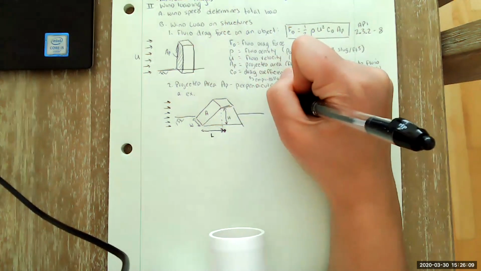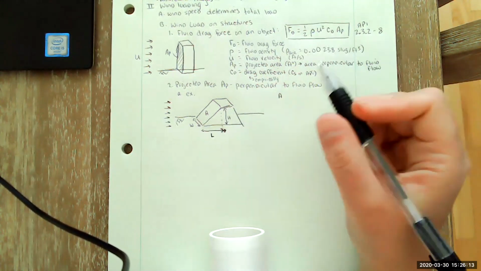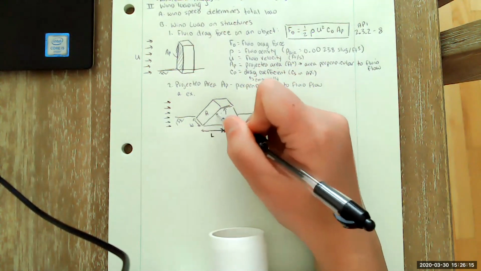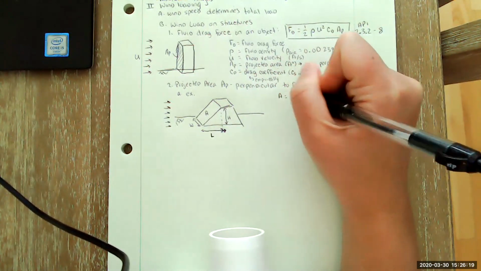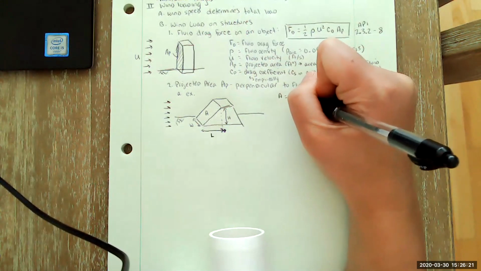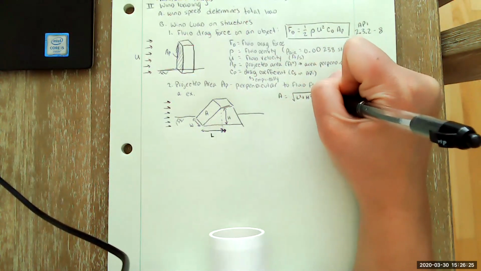And if I wanted to find the actual area of this side, this is basically just a rectangle. So using the Pythagorean theorem, the length of this side will be the square root of L squared plus H squared, times my width.